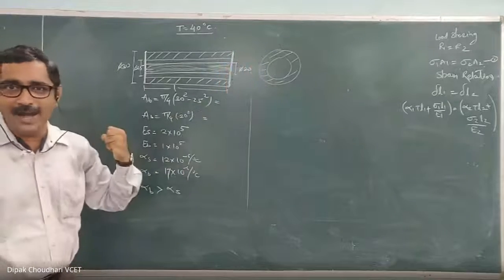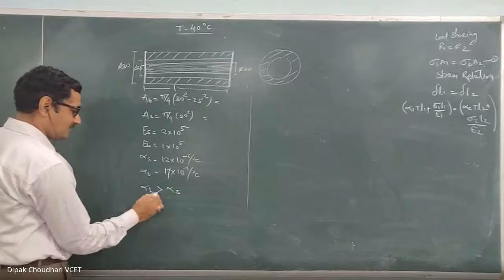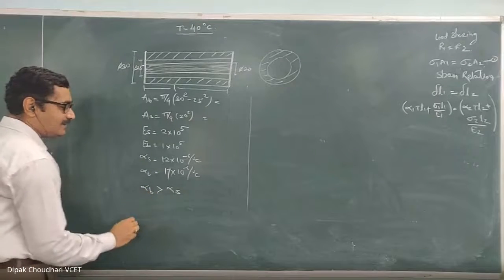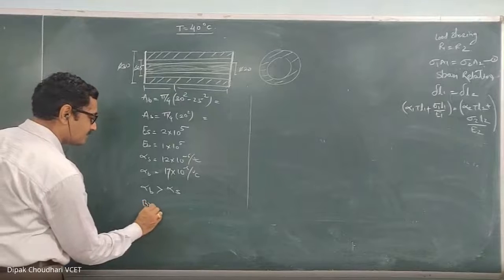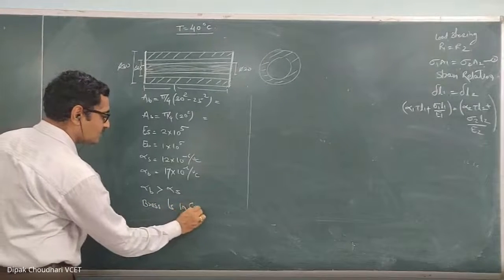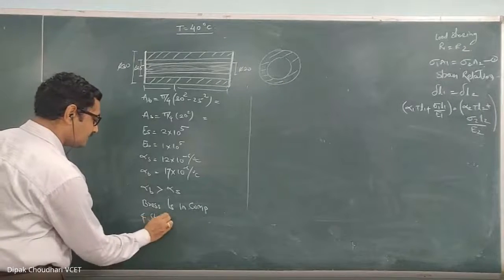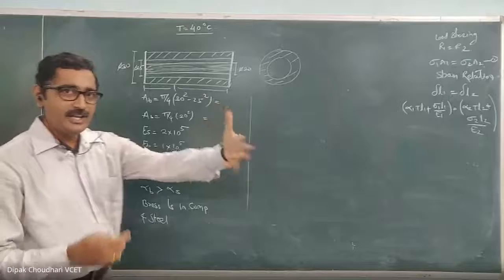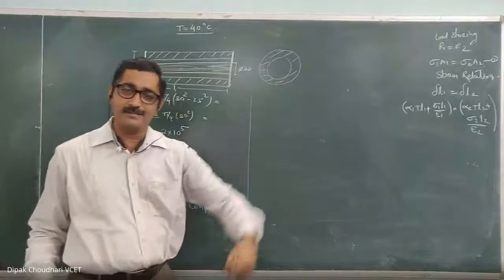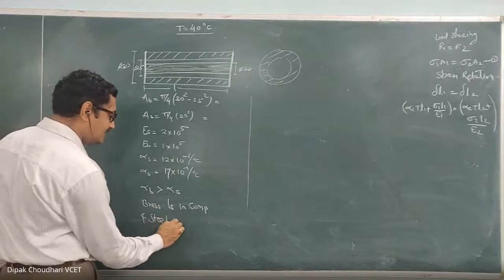It will pull it back, and because of that, the brass is in compression. Since alpha B is greater than alpha S, brass is in compression and steel is in tension. Because brass will elongate more, it will try to pull the steel along with it, and because of that, the reactive force acting on the steel is tensile.